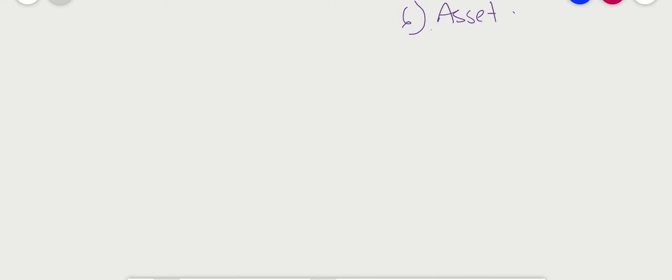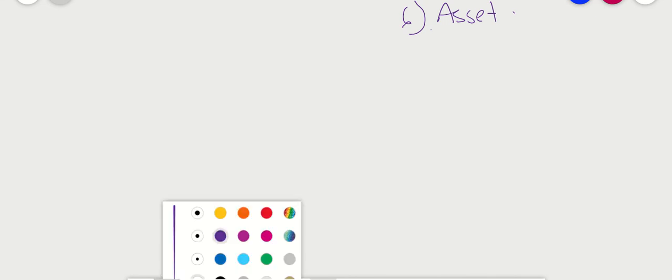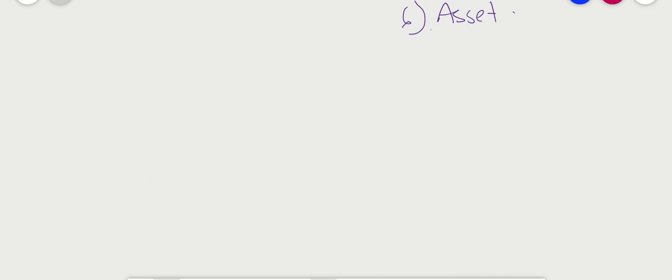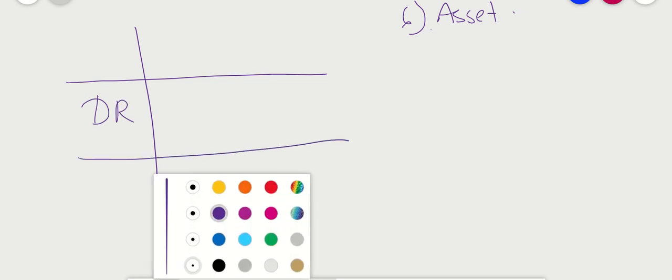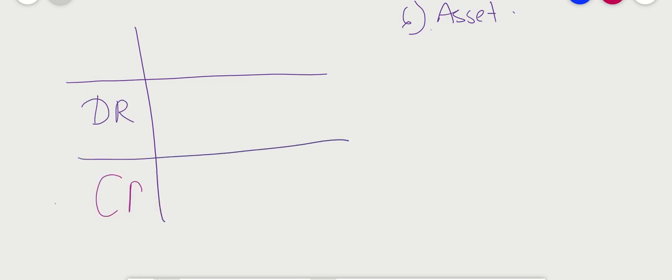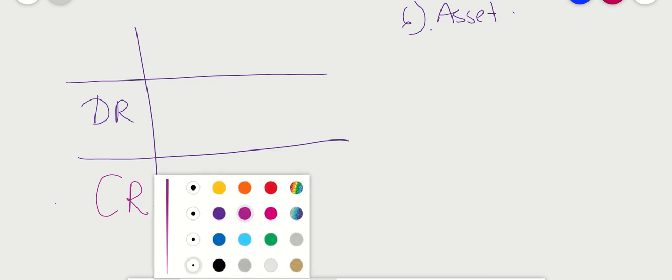Right. Moving further to the topic, let's find out the prior learning of this particular grid. You have a debit factor and you have a credit factor.